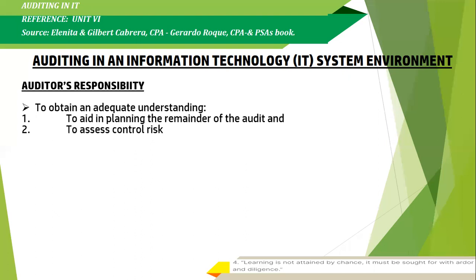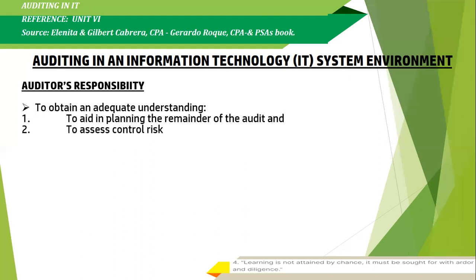So maalala nyo class yung audit diagram natin. Diba sa una, we have audit planning. Sa phase 1 natin, audit planning. And then we have this obtaining an understanding of internal control and assess the control risk. Diba?